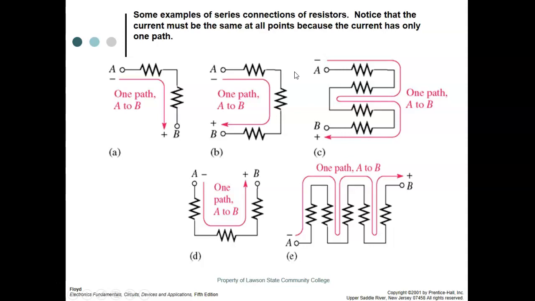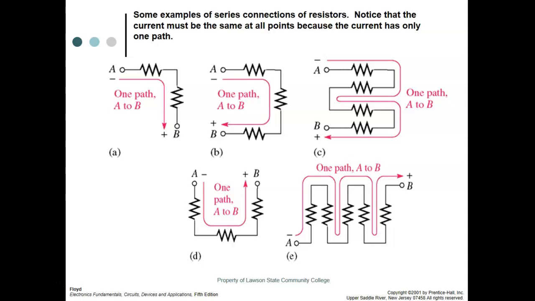So these are some examples of series connections. What you're looking for when you're looking to see if something is a series circuit is for each resistor to be connected in a single line. What you're looking to not see is that each of these are connected at both ends to the resistor next to it.